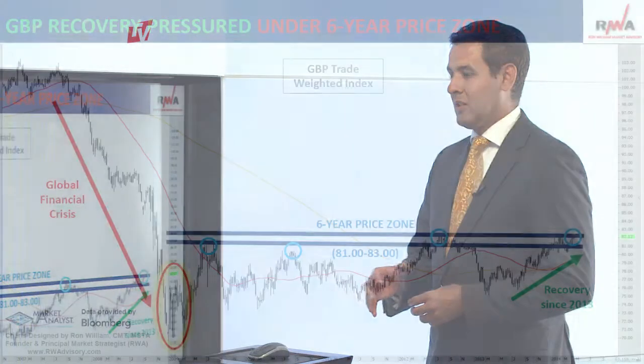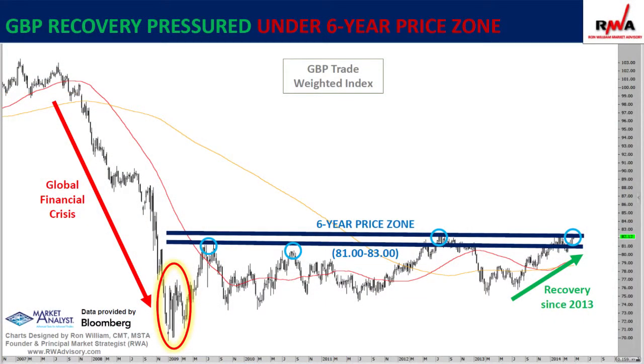Well, it's a key juncture at the moment, so it's difficult to tell either way. My bias is further pressure because this is such a significant historical resistance zone that we're in. If we look at the chart, it's a 6-year price zone on the trade-weighted index of the pound, a broad measure of the pound against a basket of currencies.